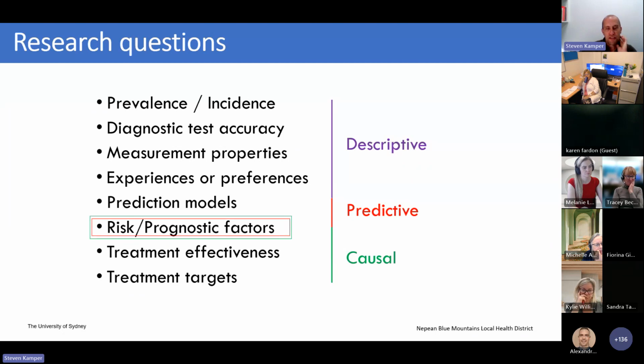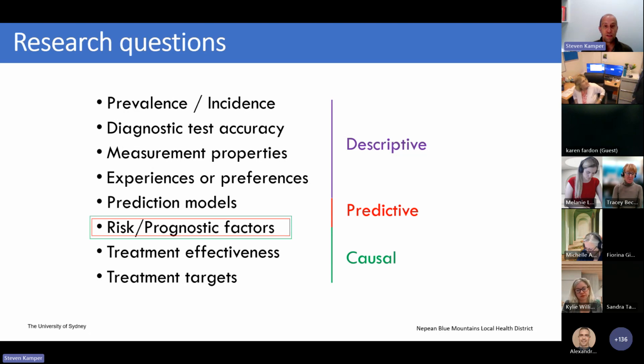Now, one of the points that I like to make is this idea of the type of question and also the features of the question. That's important whether you're designing a study or whether you're reading a study. If you're reading a study, then if you cannot clearly define the specific question that a particular study is about, then it's unlikely you're going to be able to interpret what that study is saying.